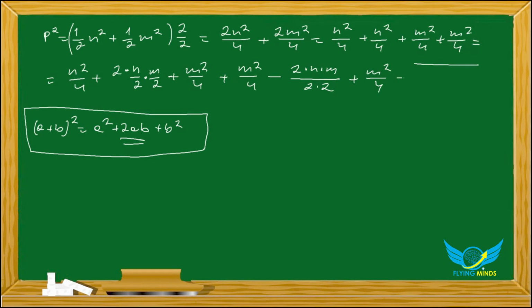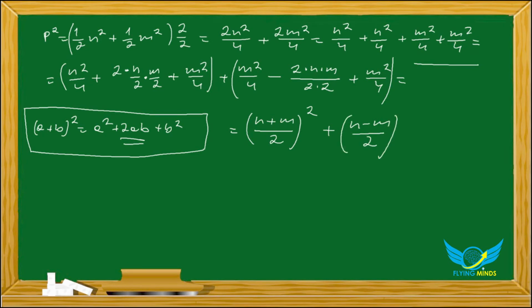Okay, so next step, right? We can now put brackets and see that the first bracket is a quadratic formula, and we can rewrite it as n plus m over 2 squared, right? And the second bracket will be n minus m over 2 squared.